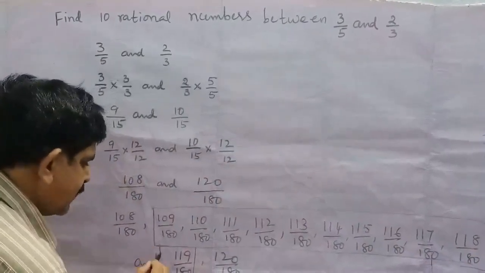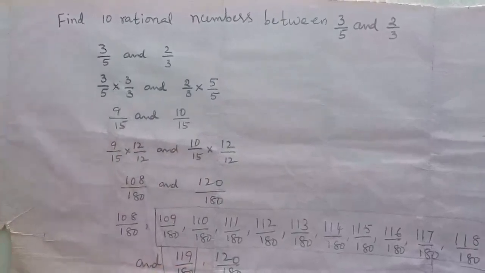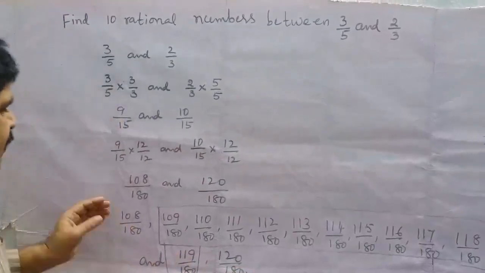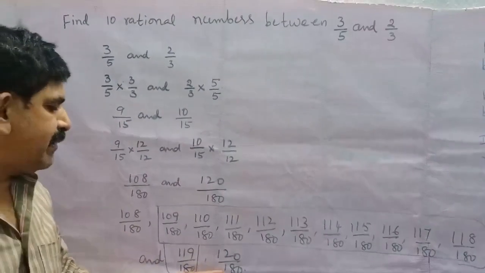So these are the rational numbers between 108 by 180 and 120 by 180.